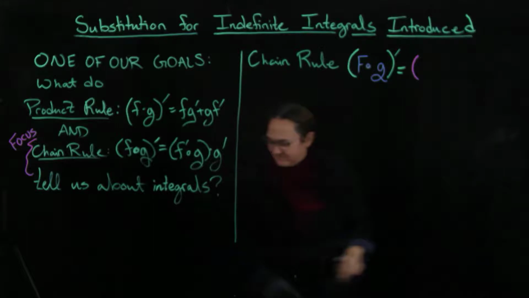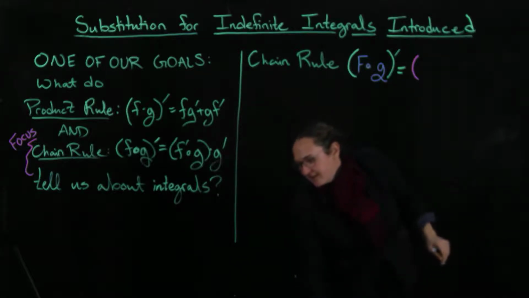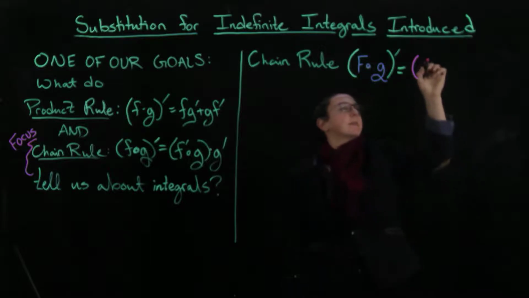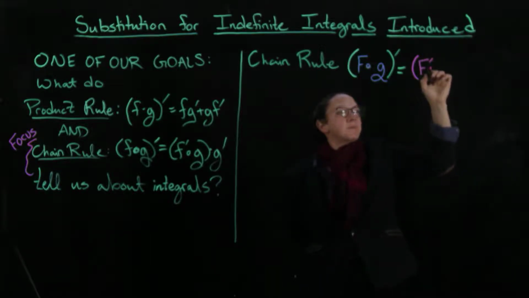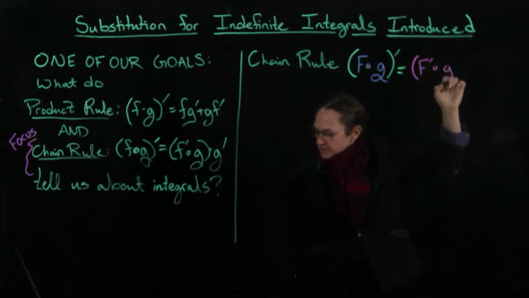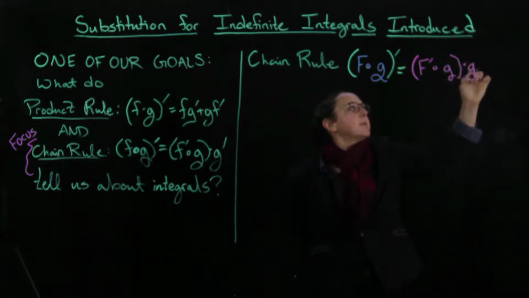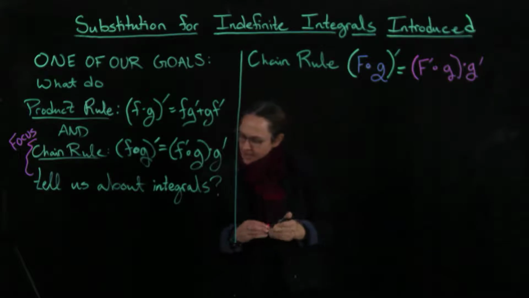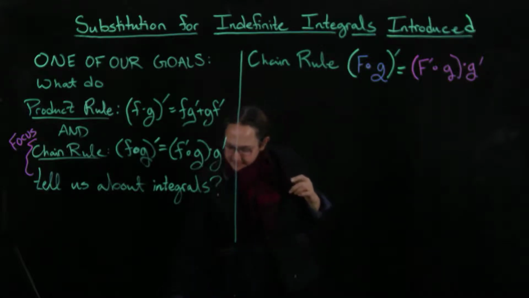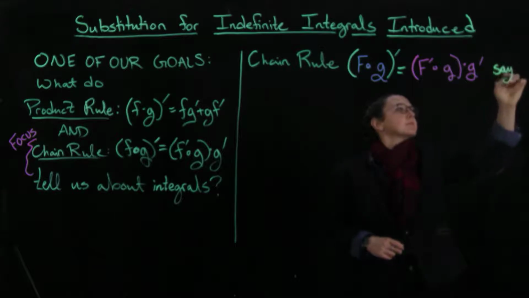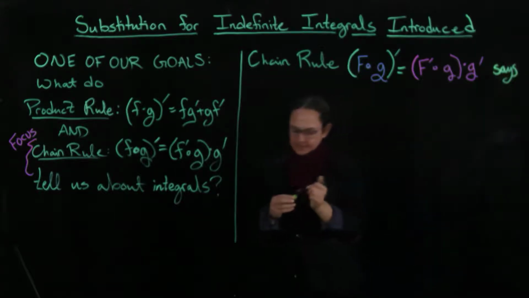Okay. And then on the right-hand side, I want to have F prime composed with G times G prime. Okay. And then what does this say?